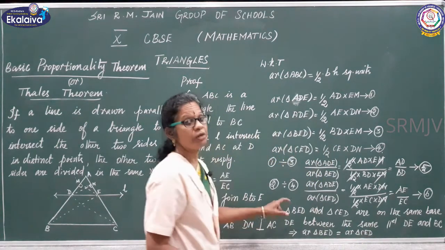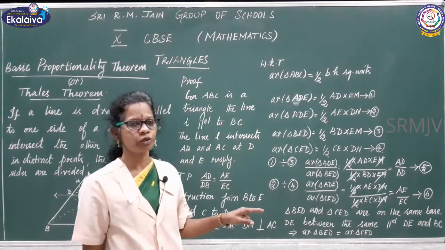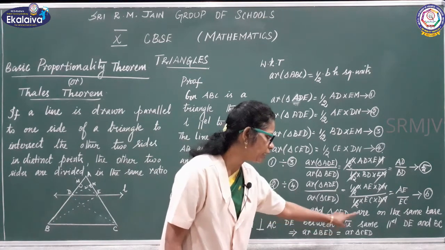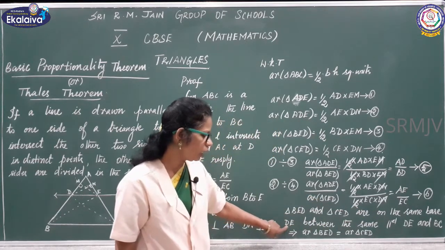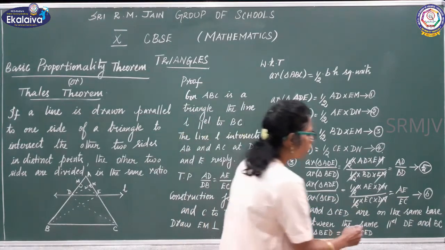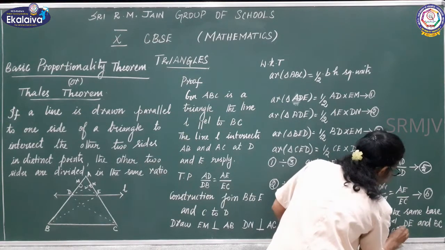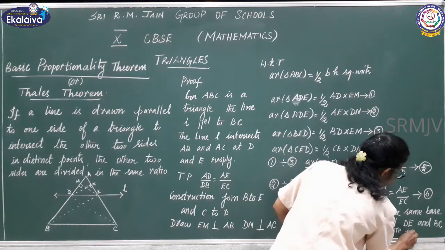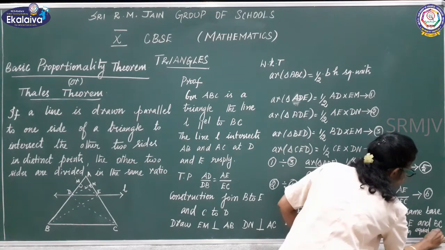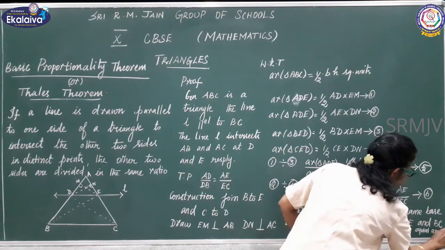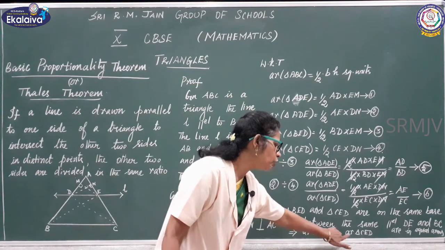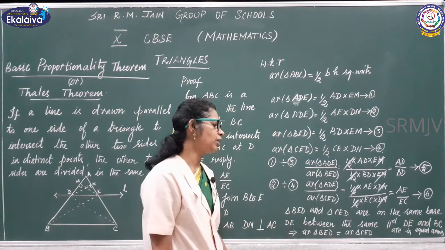We learned the theorem in parallelogram that is true for all types of polygon. Area of a triangle BED and area of a triangle CED are on the same base DE between the same parallels DE and BC, so they are in equal areas. That's why I mentioned area of a triangle BED equal to area of a triangle CED.